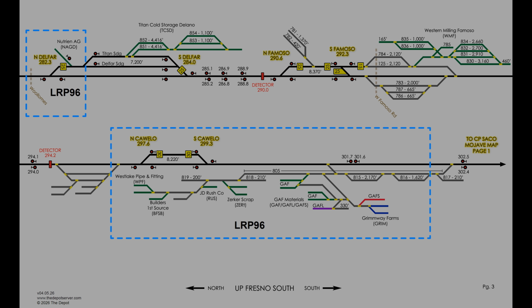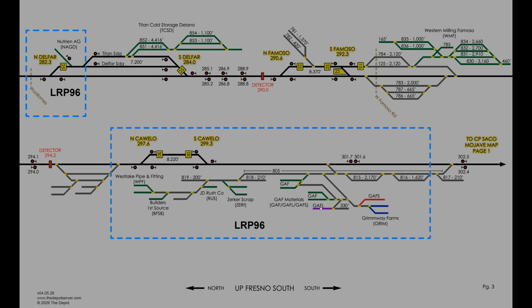I don't know if it really matters what order they're in. Might not worry about it too much and just figure it out when I get there because there's only a few industries. I guess Westlake Pipe and Fitting would be on the back as I'm backing in. Then Builder's First Source because I got room to drop those here. Then GAF and then GAFL. So I'll do it in that order.